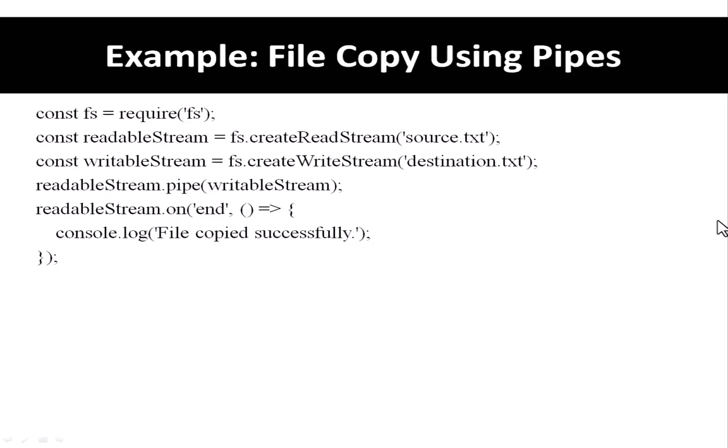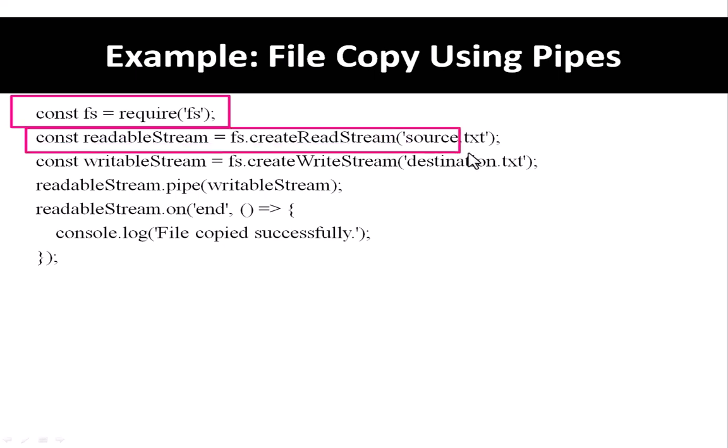Next, copying a file using pipes. Basically, pipe means you send the input from one end and get the output from the other end. Here we are copying a file from source to destination.